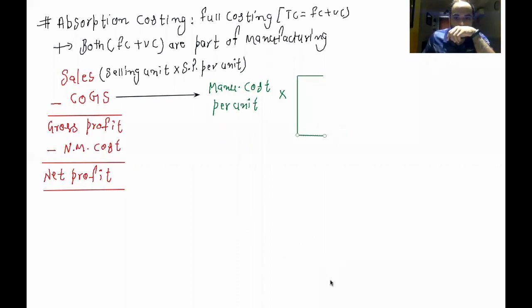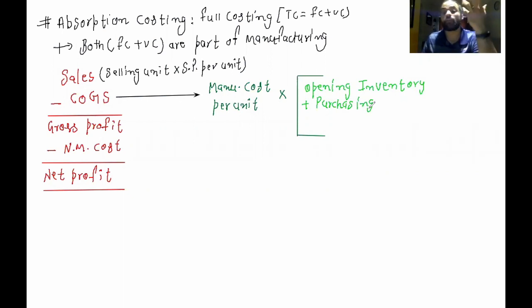This is opening inventory, plus purchasing. Opening plus purchase is available, right?